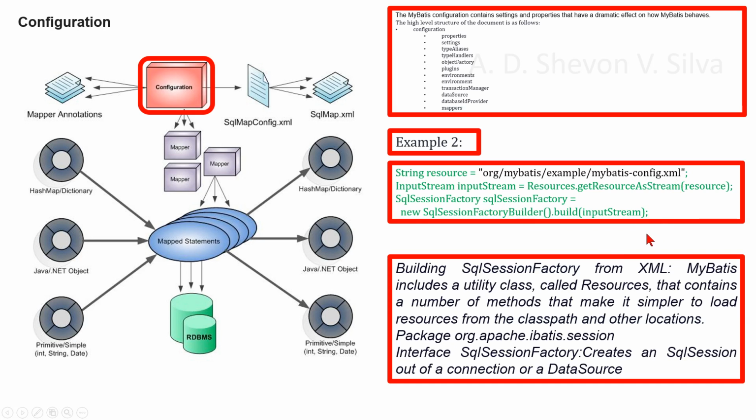MyBatis includes a utility class called resources that contains a number of methods that make it simpler to load resources from the class path and other locations. This is the interface SQL session factory, which creates a SQL session out of a connection or a data source.